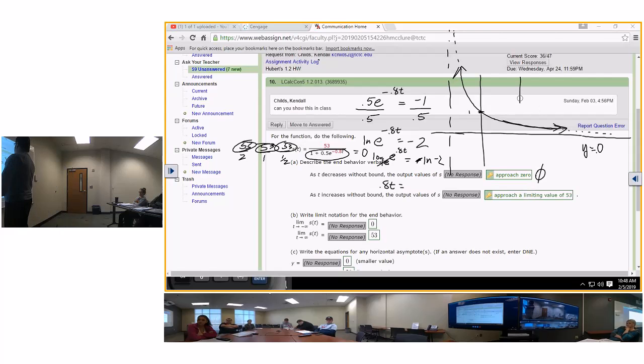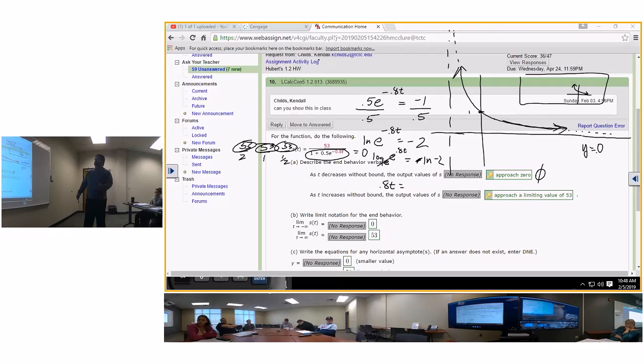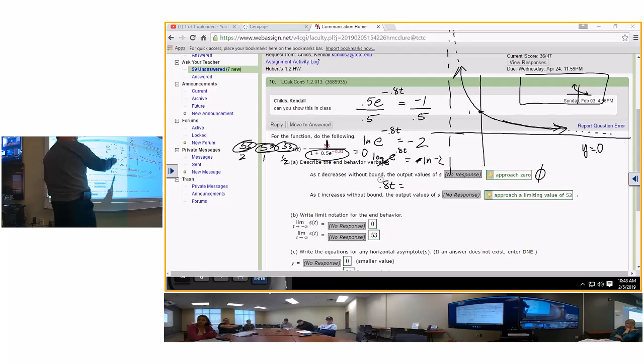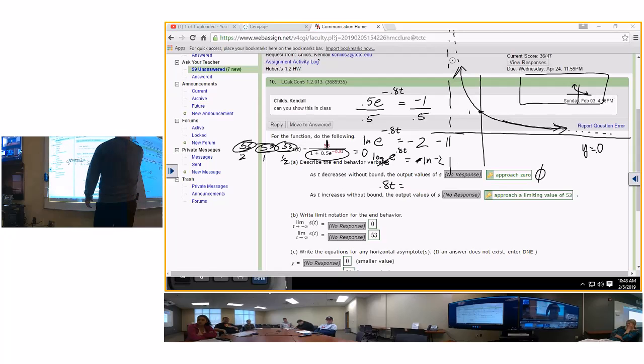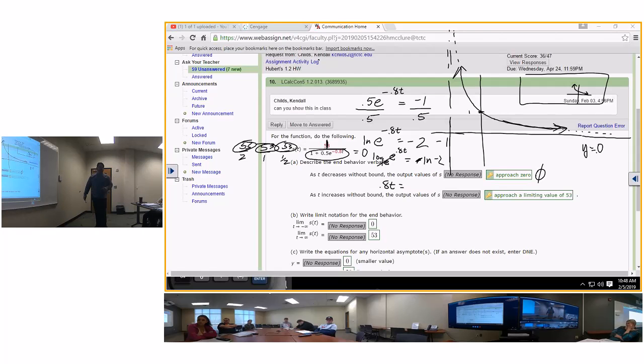On that family of graphs, you would put 1 over e to the x, and it's approaching 0. If I had a 1 here, and I punched 1, it's going to be approaching negative 1 right there. So it's always approaching the numerator.